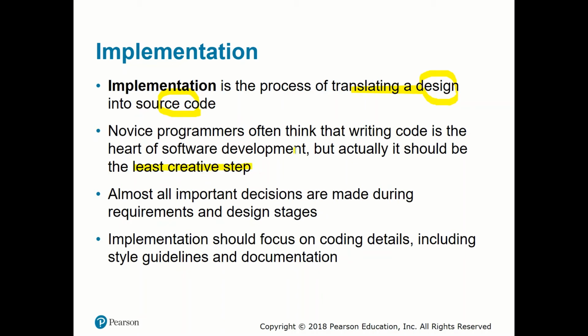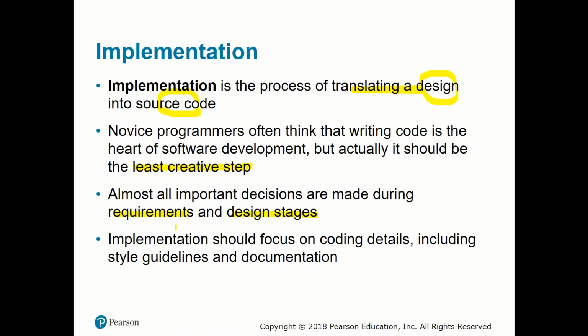Which step is the most creative, you think? I think it is the design part, right? You need to spend a lot of time designing the UML diagram in the first place. Almost all important decisions are made during the requirements and design stage.